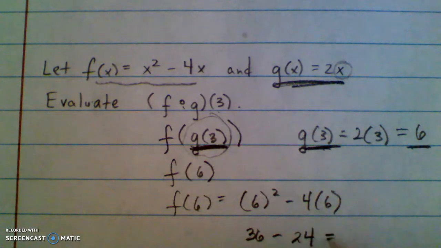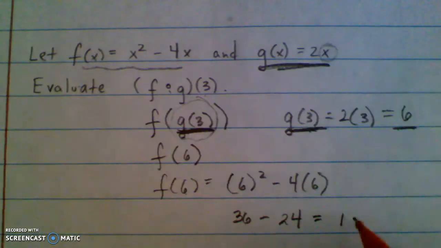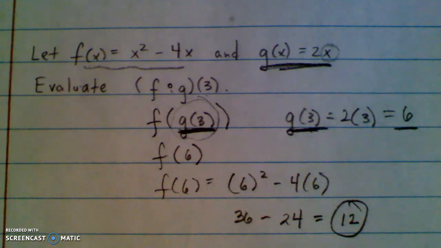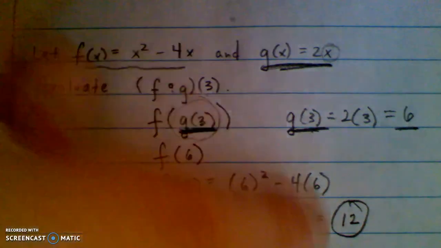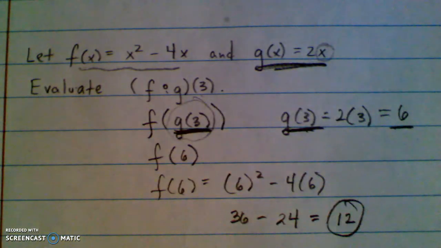And 36 minus 24 is? 12. Wow. Good, Colin. Alright, so f of g of 3 is 12. So the idea here, I think, is that properly understood, it's a series of substitutions. A lot of substitute and simplify if you're properly understanding it.